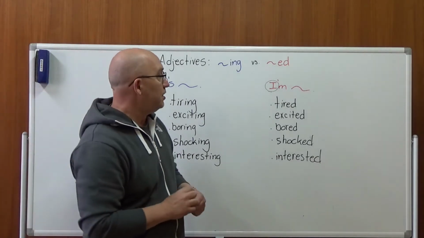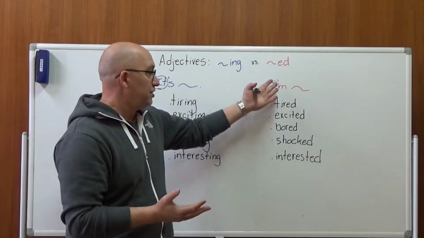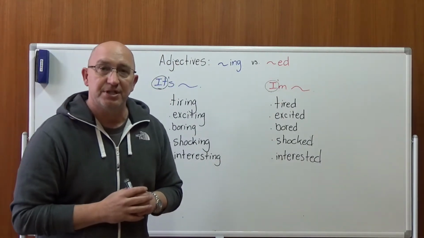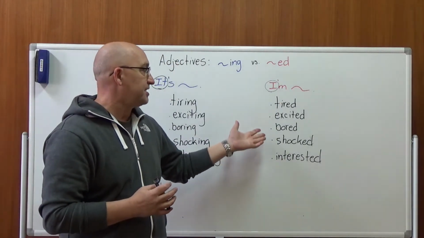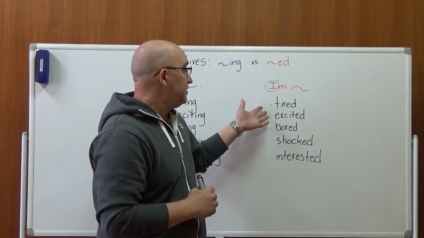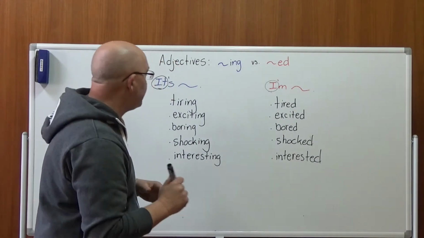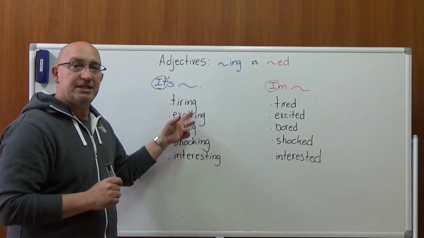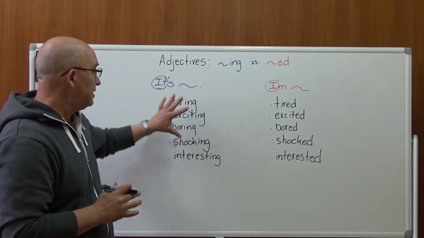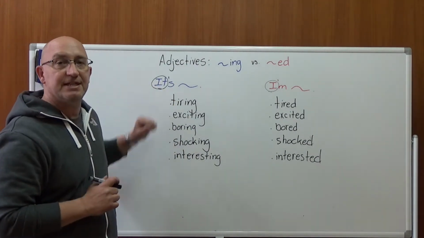So for example, when people ask the question, how are you? Of course, you can use all of these answers. Like, I'm tired, I'm excited, I'm bored, I'm shocked, I'm interested. These can all be used to talk about your feeling. However, these do not describe your feeling. They only describe this thing.